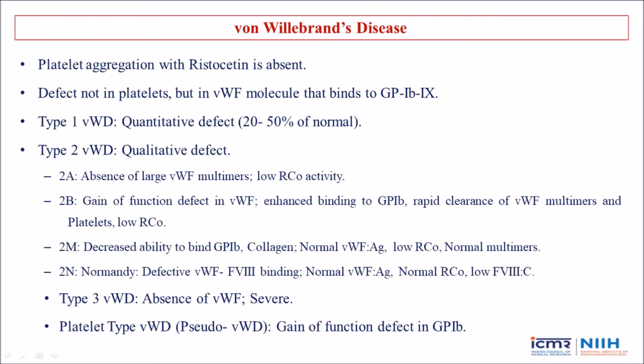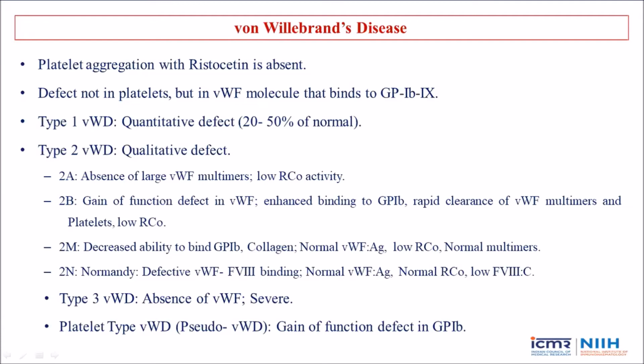Now, there are three types or subtypes of von Willebrand disease. Type 1 von Willebrand is a quantitative defect, where there is a mild reduction in the von Willebrand factor, 20 to 50% of the normal. Then type 2, which is a qualitative defect, again has subtypes: we have type 2A, 2B, and 2N.